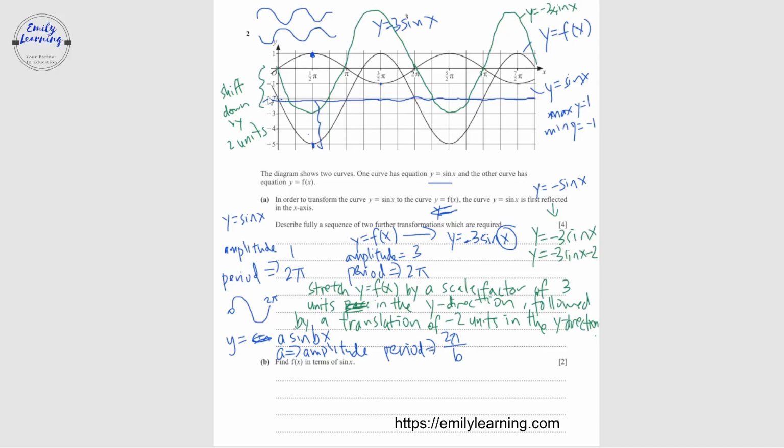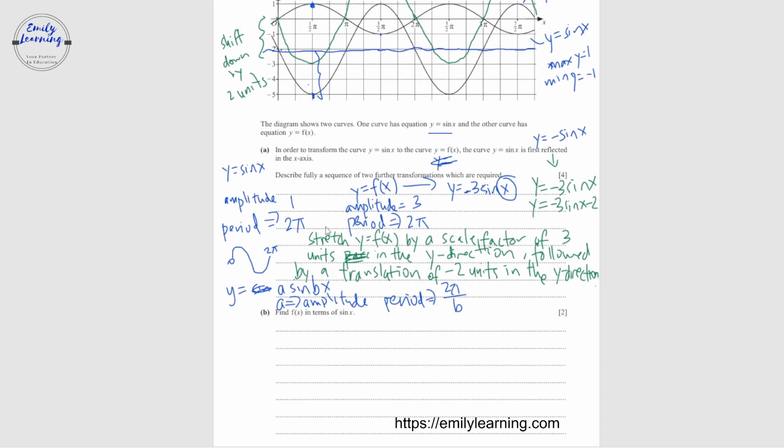Moving it down, or to the left or to the right, by a certain number of units is known as translation. So you talk about translation by how many units in what direction. Okay, so that's the answer for part A. Next, we are asked to find f(x) in terms of sine x. We have already talked about it. It's essentially y equals minus 3 sine x minus 2.